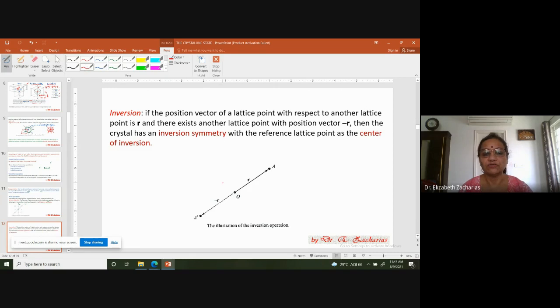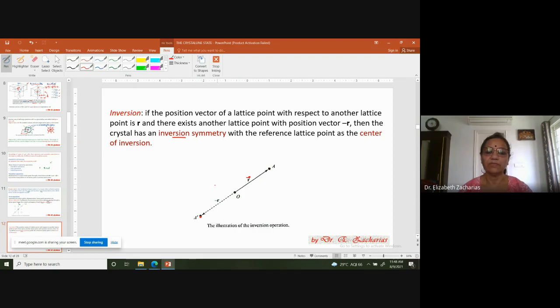I have some lattice points, a lattice point O and a lattice point A. The position vector of lattice point A with respect to O is vector R. At minus R from O, if you have another equivalent lattice point, then you say that this crystal is having an inversion symmetry.